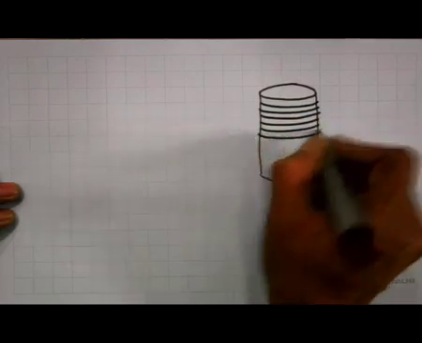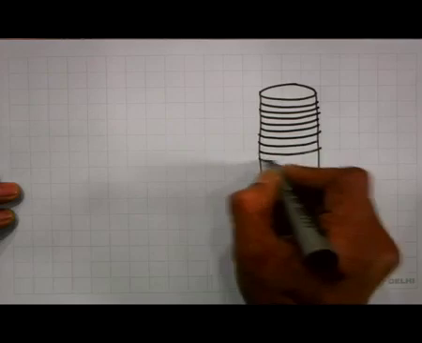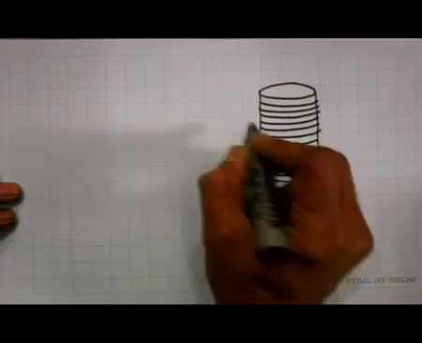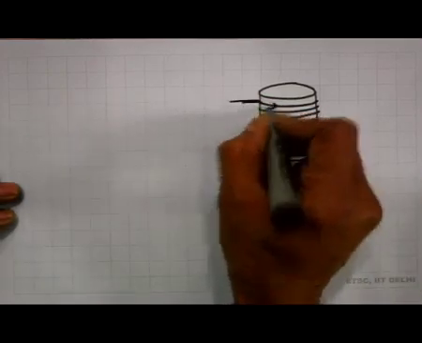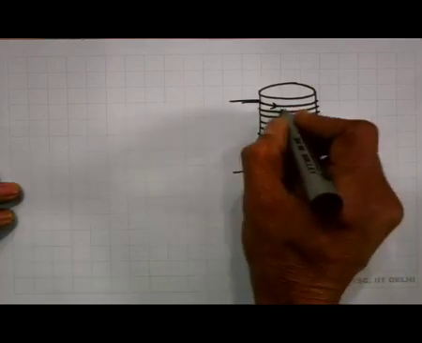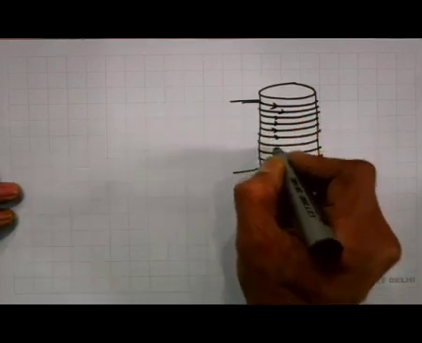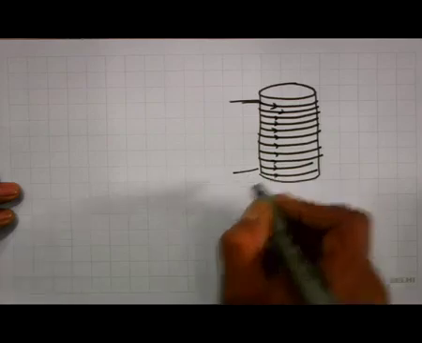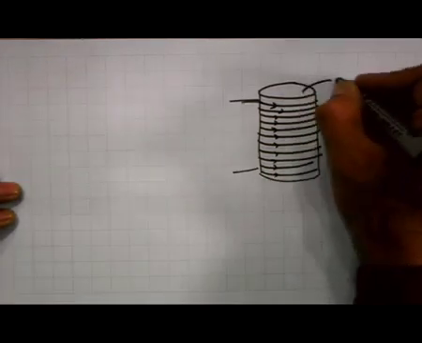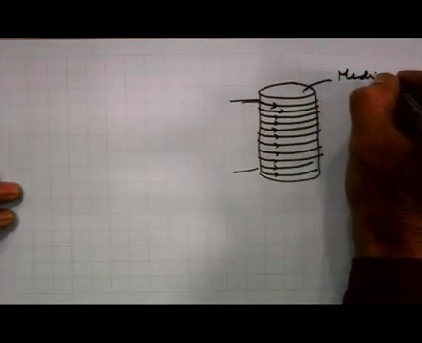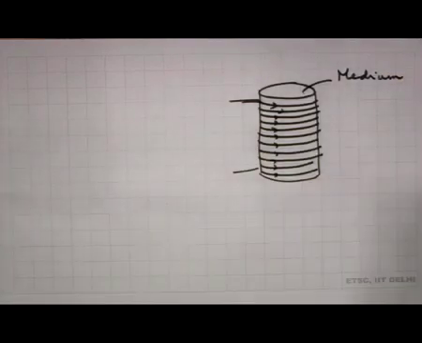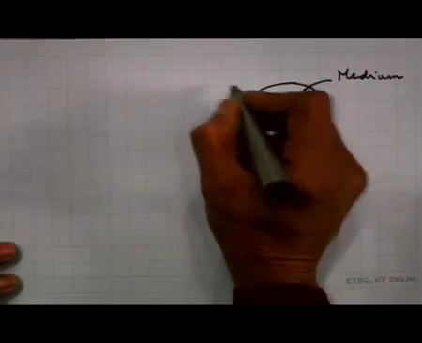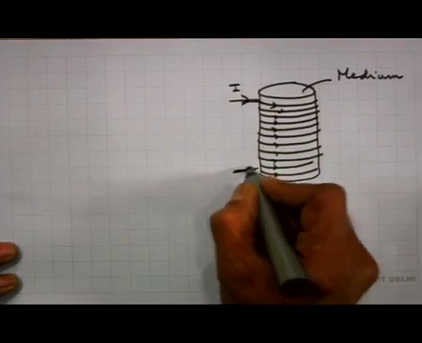So, I have wires wound on a medium, and this wire is carrying current like this. Each of the wires is carrying the same current, just like a solenoid, except that now there is a medium. So, I have a current I flowing through the wires of the solenoid.